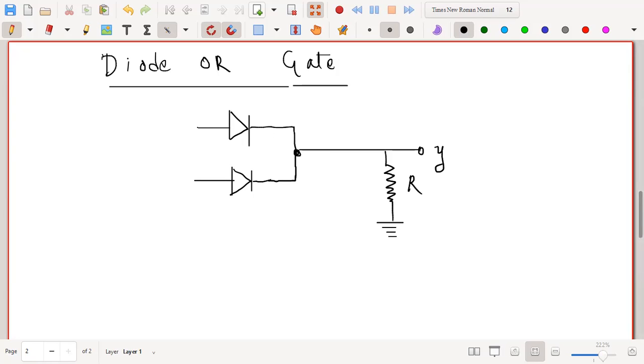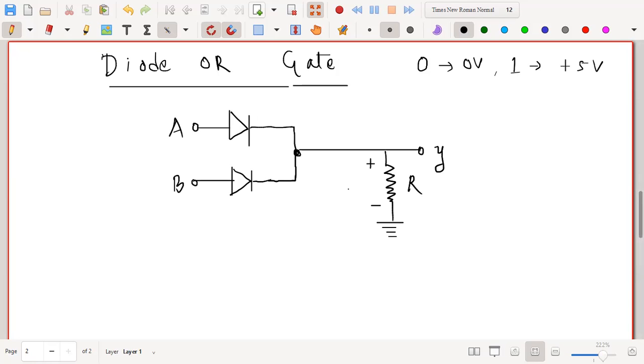Okay. And here we have the two inputs. These are A and B. The inputs are given here. Let us say that the voltage dropped here depends on the voltage which you are giving. Suppose you are choosing binary 0 to be the 0 volt level, and you are choosing binary 1, that is the high state, to be the plus 5 volt level.